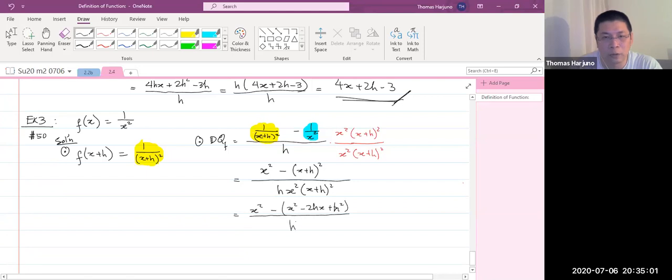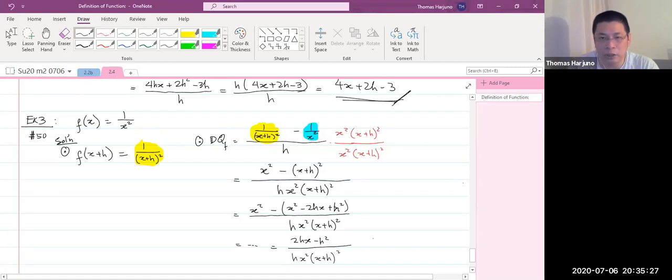And I believe you can see something actually gets canceled. Right? You can open the parentheses first and then combine like terms. But you will eventually see 2hx minus h squared over x squared times (x plus h) squared.